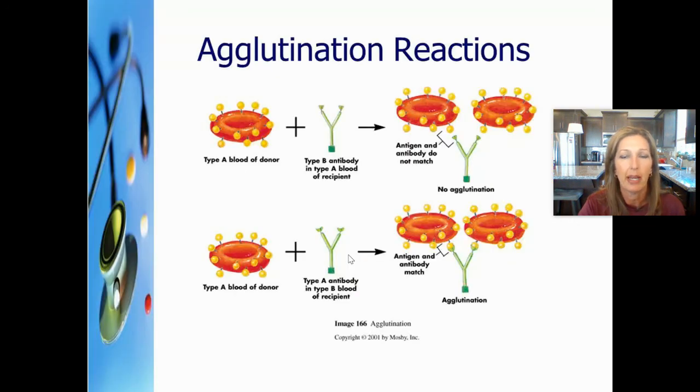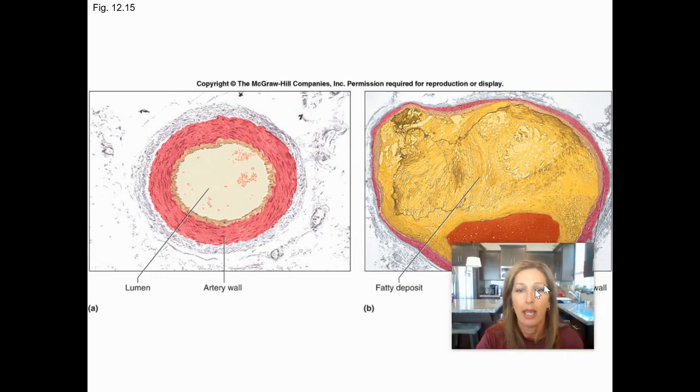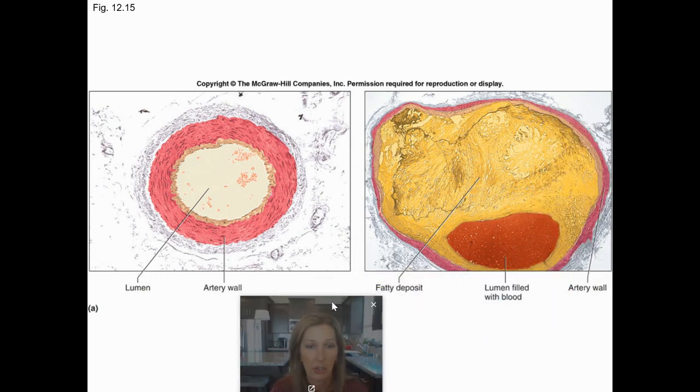Here's some more antibody reactions. Now, this particular picture here, and this is something we'll talk about with the heart, is heart disease. One of the key risks of heart disease is, one, hypertension, but also the amount of cholesterol, and how much buildup of plaque, how much atherosclerosis buildup has occurred in some vital arteries.